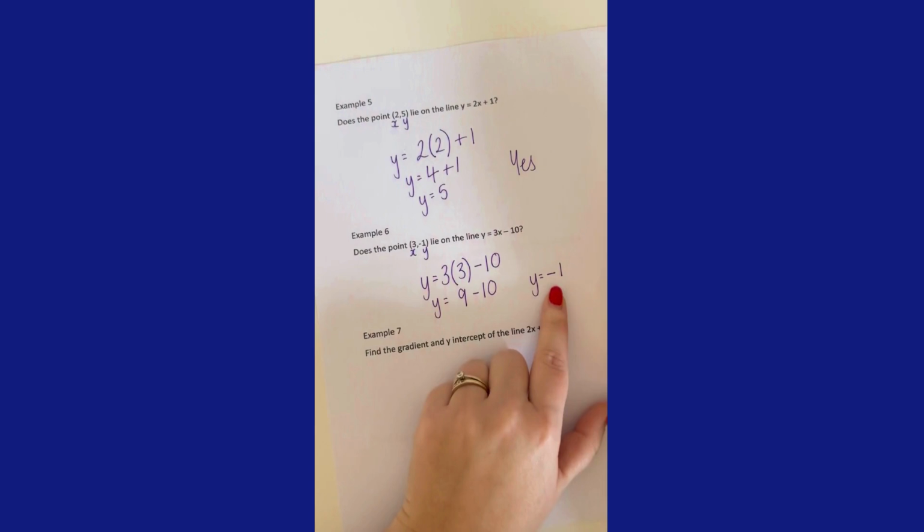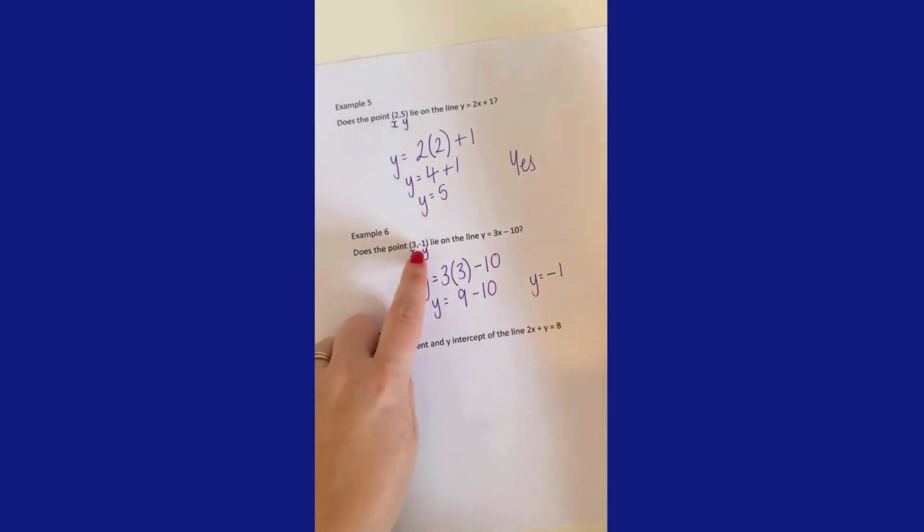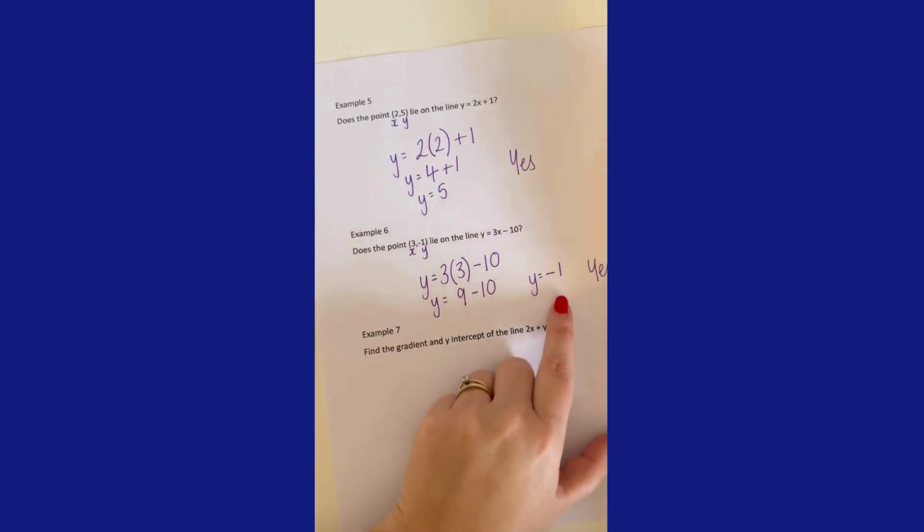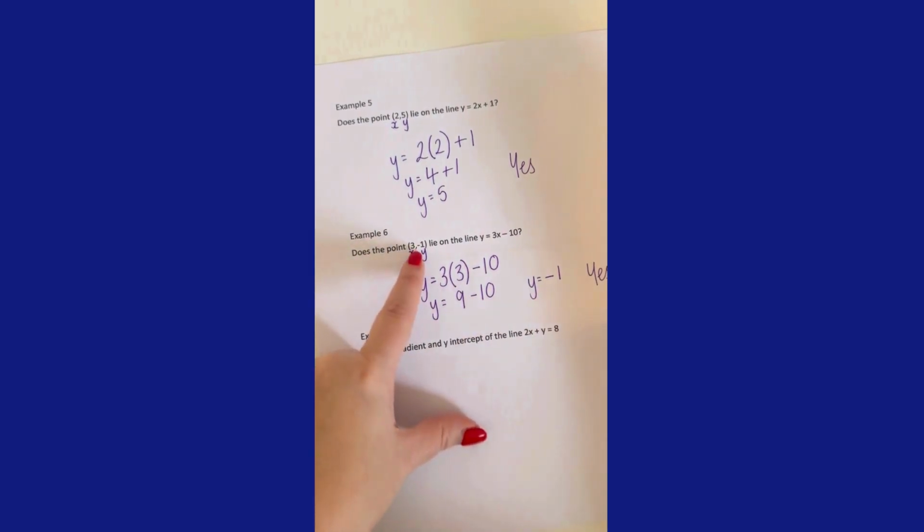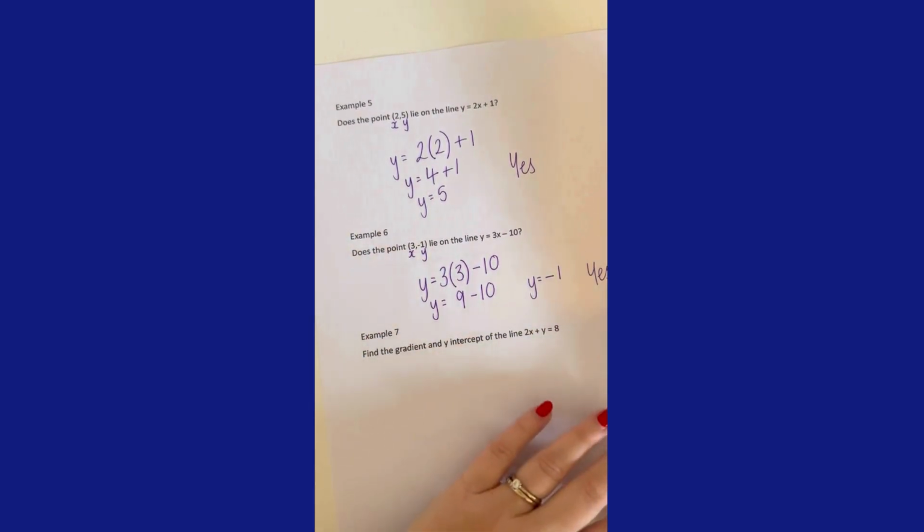I then need to go back, I need to look at my y value. Is it minus 1? Yes, it is. So I can say yes. If I was to get a number here, say for example, I got minus 3 and my y value here is minus 1, my answer is simply going to be no, it doesn't lie on that line.